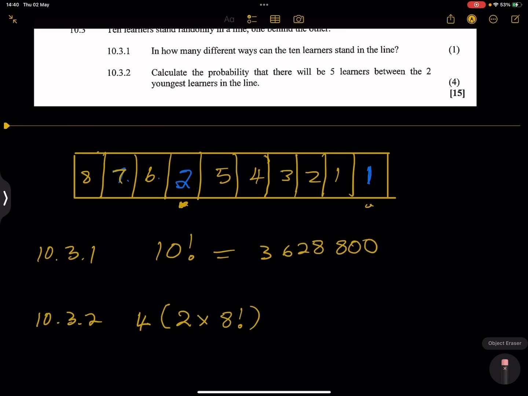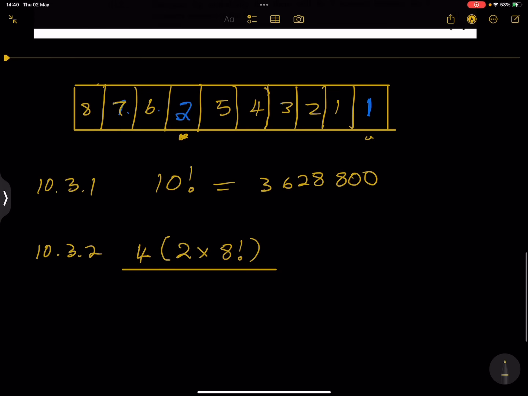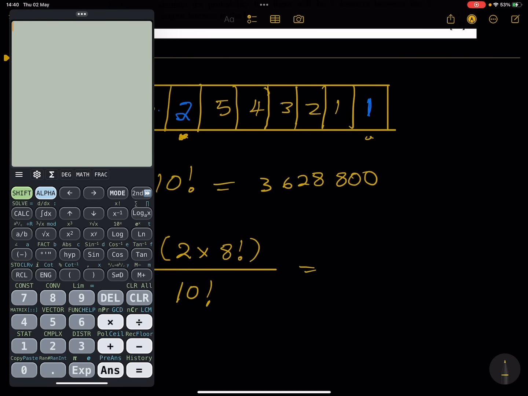So remember, when I calculate the probability, this should be divided by the total outcome, and in this case, that is 10 factorial. And so for our final answer, we will say, well, this is 4 times 2 times 8 factorial, and all of that divided by 10 factorial, right?